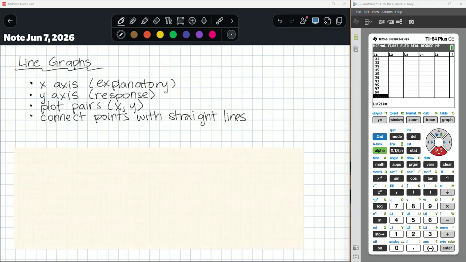Some reminders when we're drawing graphs: you need to label things. These axes should be labeled both with a variable and the appropriate units. What did you measure that thing in? Also, you should be using a ruler to draw these by hand.